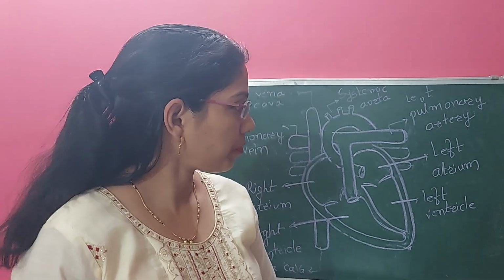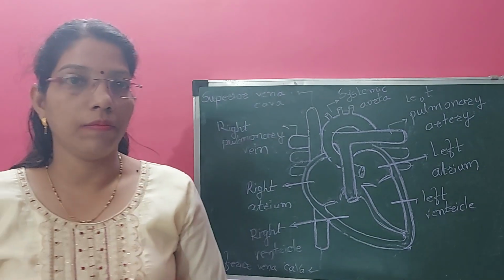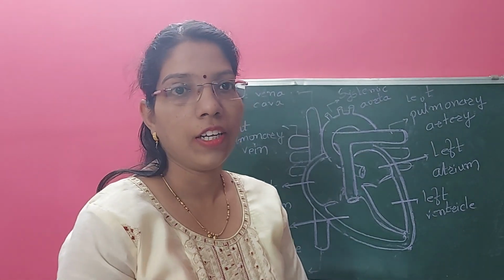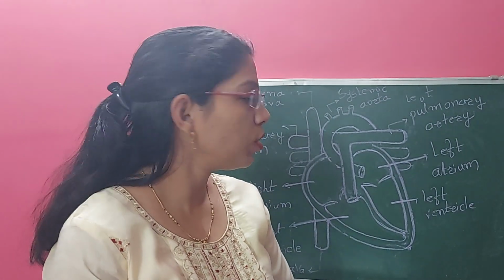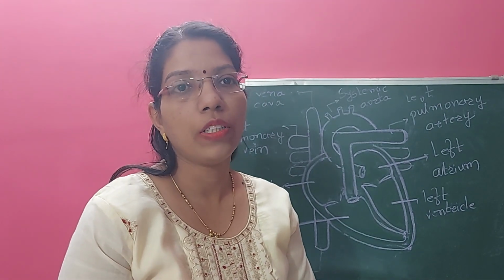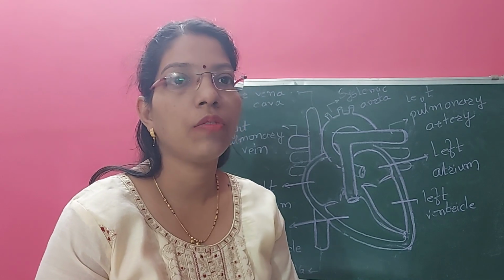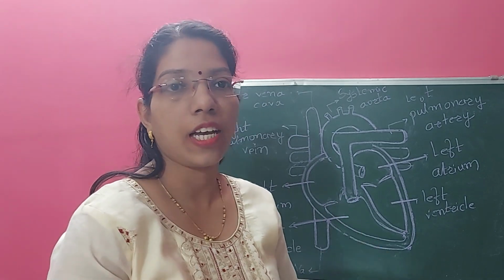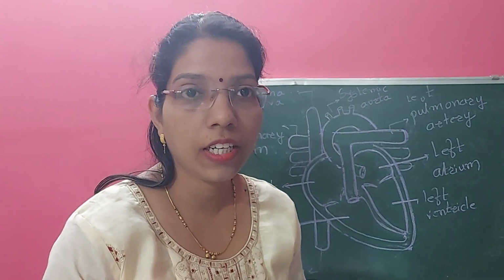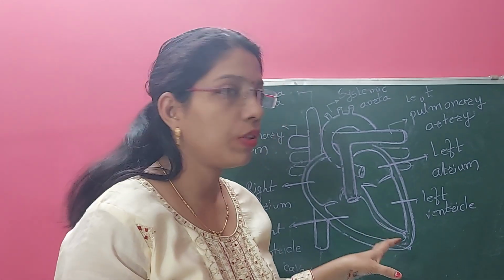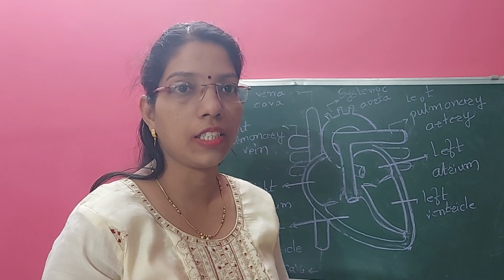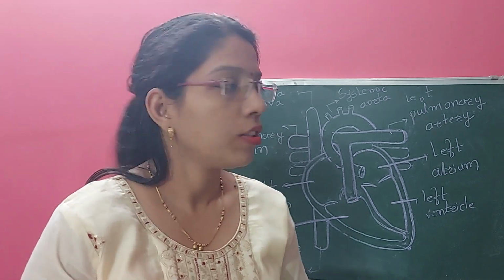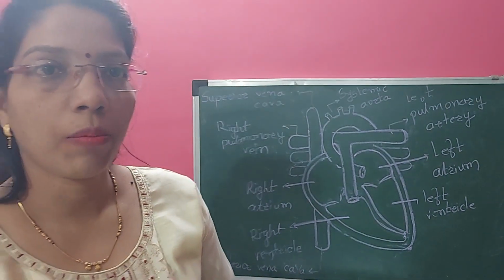The size of the heart is about equal to one's own fist. And the weight of the heart is 360 grams. In adult human beings, 360 grams is the weight of the heart, which means below half a kg. So this is the general information about the heart.